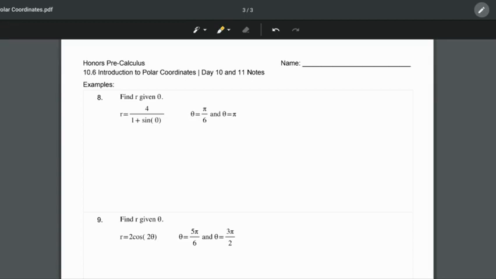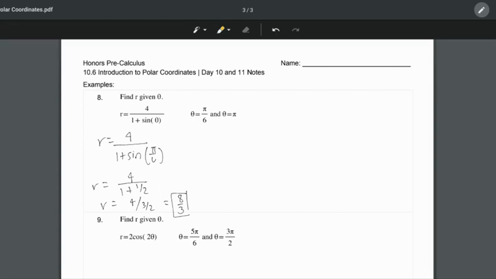So here we would plug in pi over 6 for theta first. And remember that the sine of pi over 6 is 1/2. So that gives us r is equal to 4 over 3 over 2, which is like 4 times 2/3, which would be 8/3. So when theta is pi over 6, r is 8/3.